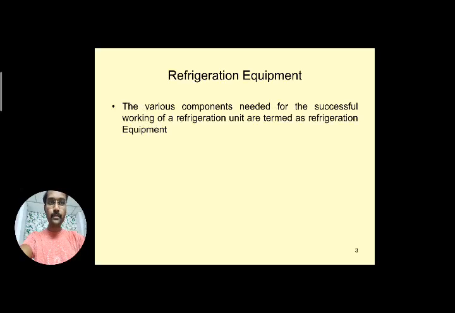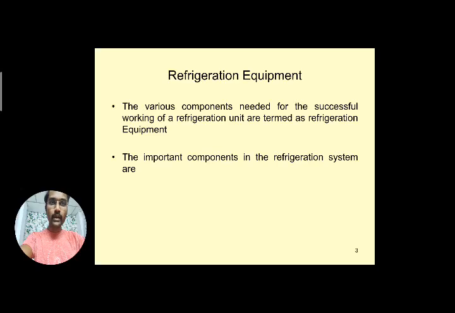Coming to refrigeration equipment, the various components needed for the successful working of a refrigeration unit are termed refrigeration equipment. Regarding this statement, when the system has to work properly, it requires some refrigeration equipment. Some equipments are required to give the refrigeration effect.